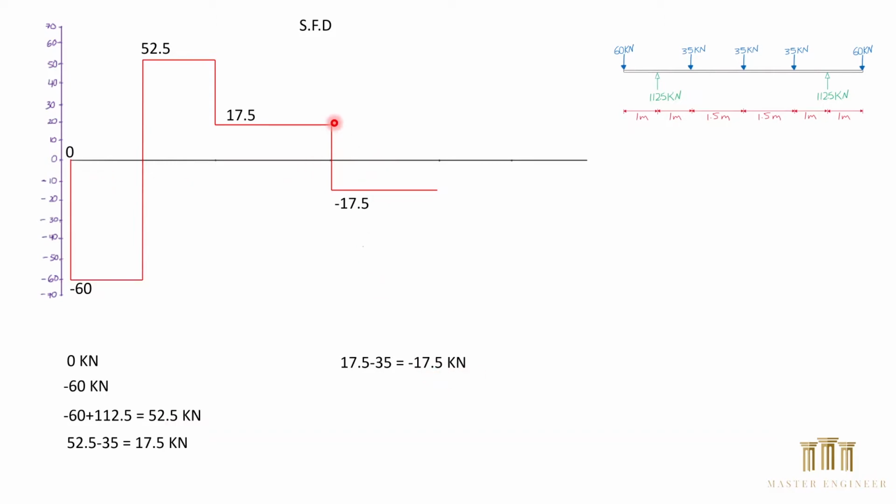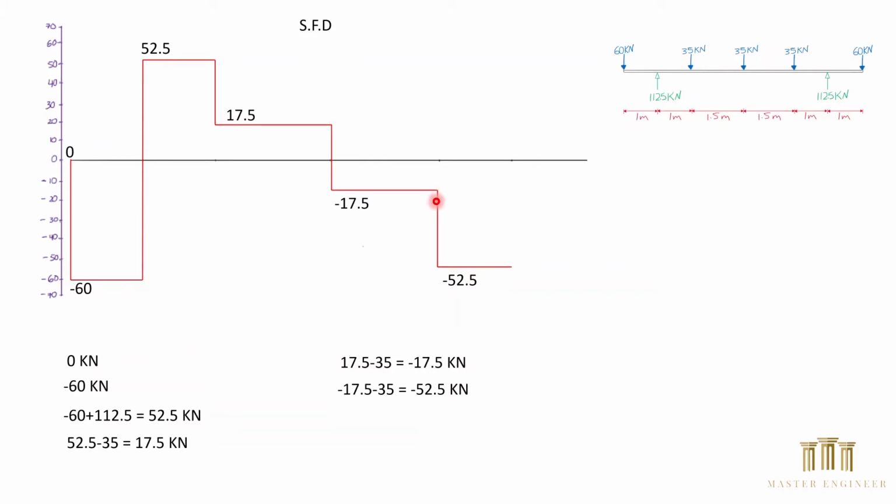So we draw a straight line all the way to minus 17.5. Similarly, the shear force will be constant all the way to this point until we come across the last 35 kilonewton, minus 17.5 and minus 35. That will give us minus 52.5.